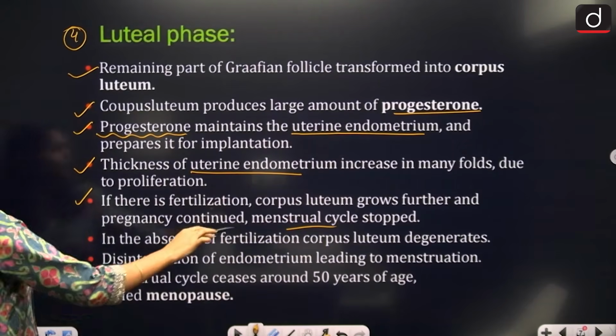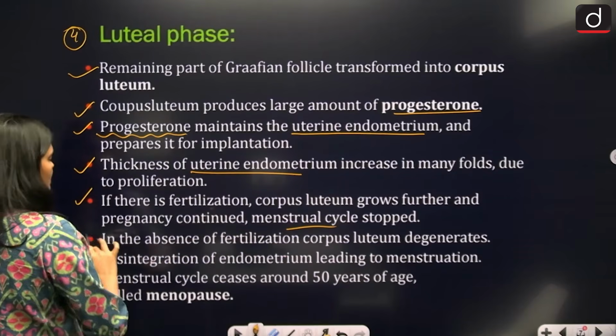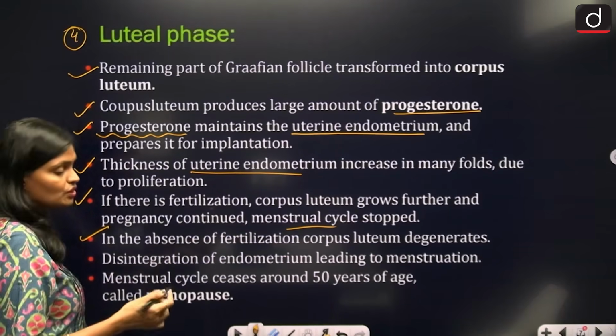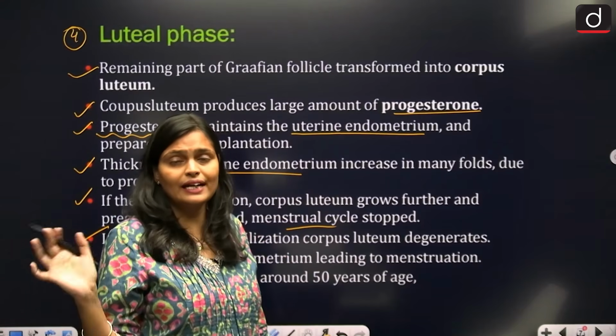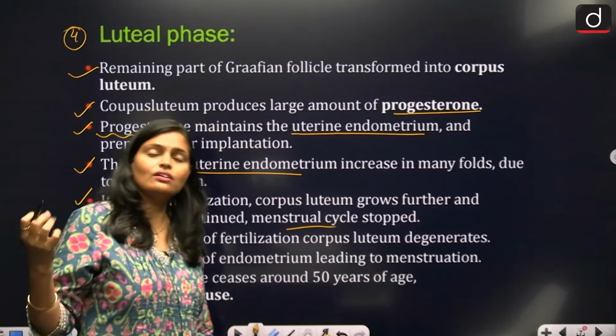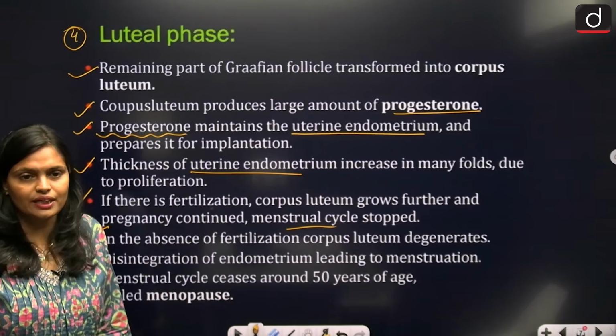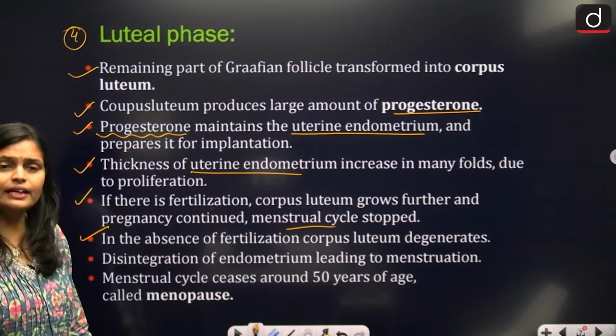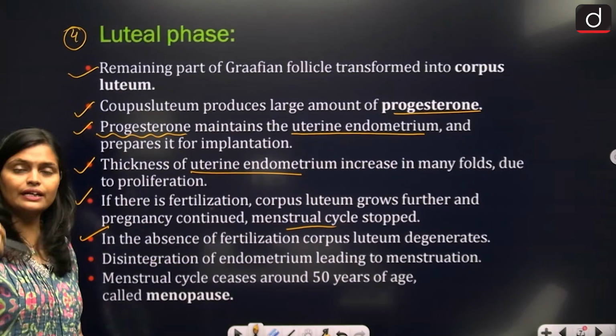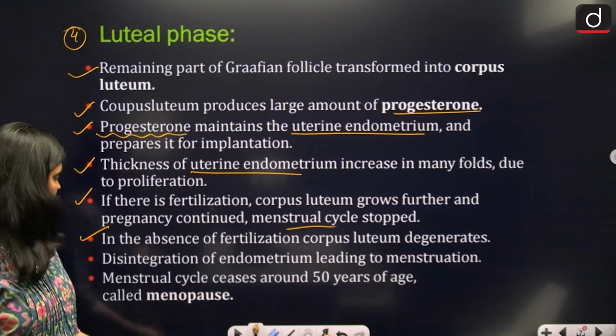In the absence of fertilization, the corpus luteum degenerates. अब जब fertilization नहीं होता है, in that case again the corpus luteum degenerates. Disintegration of the endometrium again leads to bleeding, and you come again to the first 5 days phase.